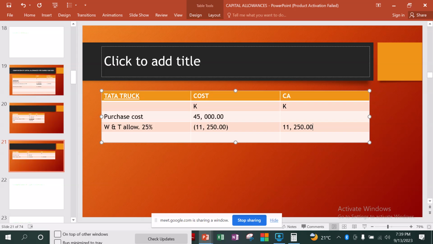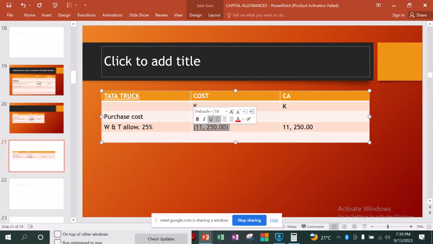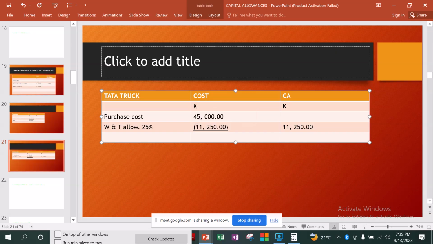So after I write down that initial capital by that, what are we going to remain with as a difference? 33,750. Again, this is the written down value. Written down value, carried down.